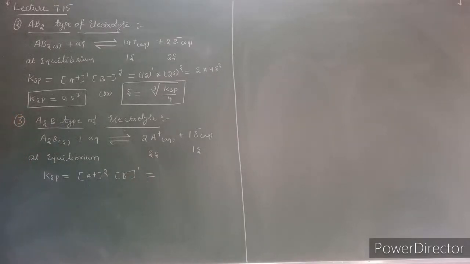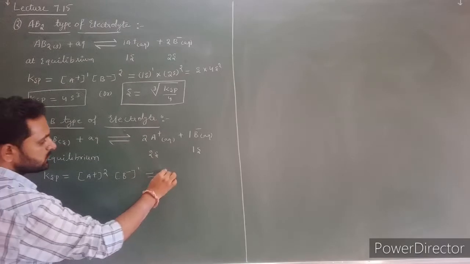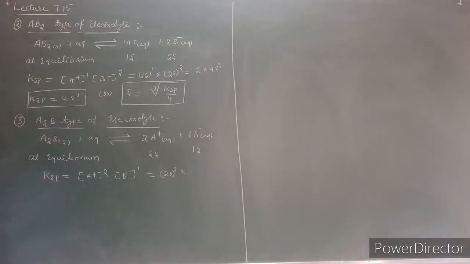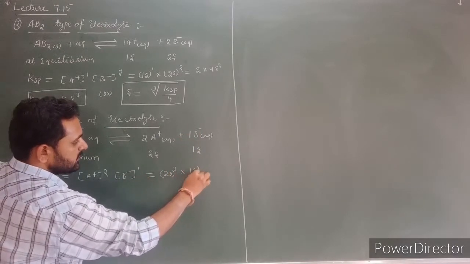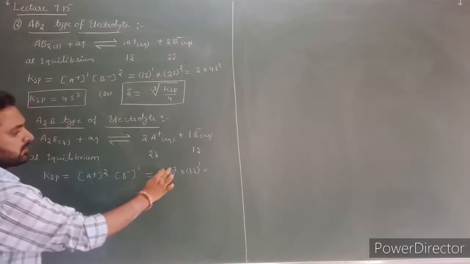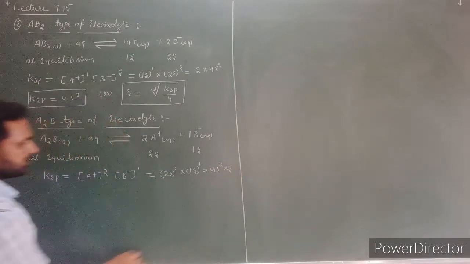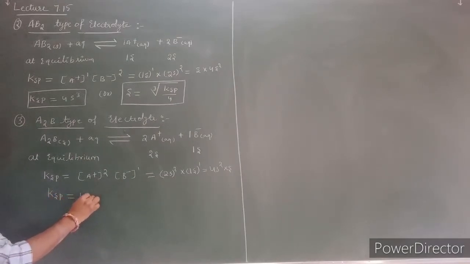Next, the solubility of 2 moles of A plus ion is equal to 2s, so 2s whole square, into the solubility of 1 mole of B minus ion, which is 1s, so 1s power 1. Next, 2 twos are 4, 4s square into s. Then finally, you will get Ksp is equal to 4s cube.